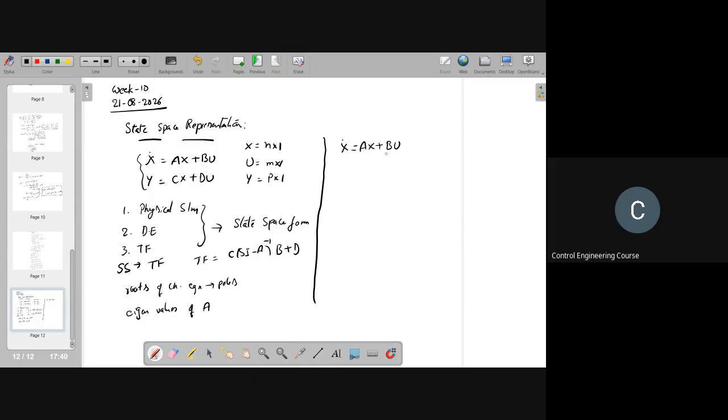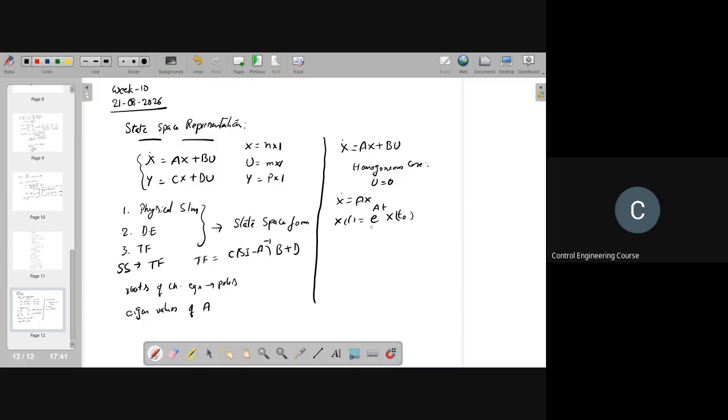In the homogeneous case, that means u is equal to 0, then x dot equals Ax, right? So the solution of the system will be x of t is equal to e power At times x of t naught.